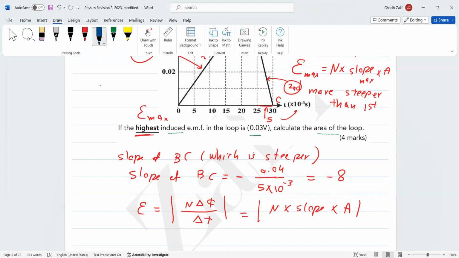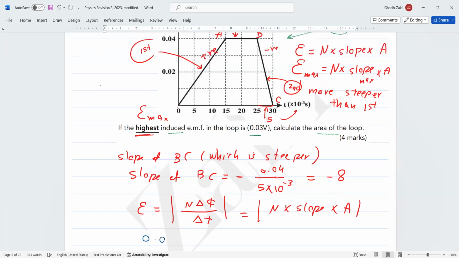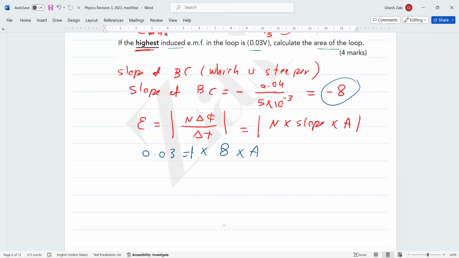EMF induced is 0.03. N is 1. We take the absolute value here. The absolute value of negative 8 is 8. Multiply 8, so we can get the area. So the area equals 0.03 divided by 8. The answer is 3.75 multiplied by 10 to the power negative 3 meters squared.